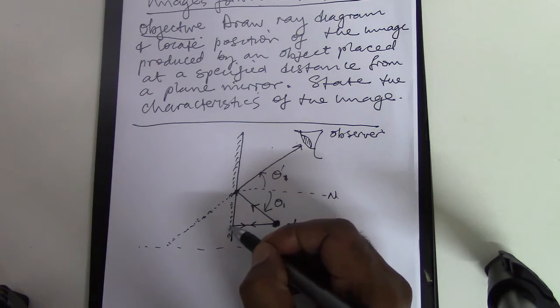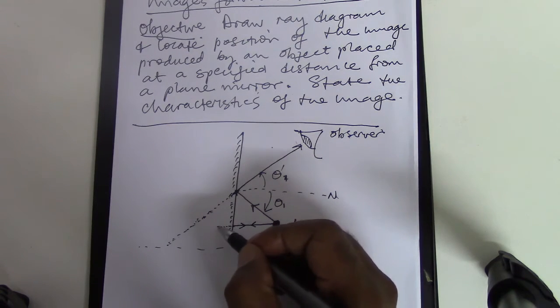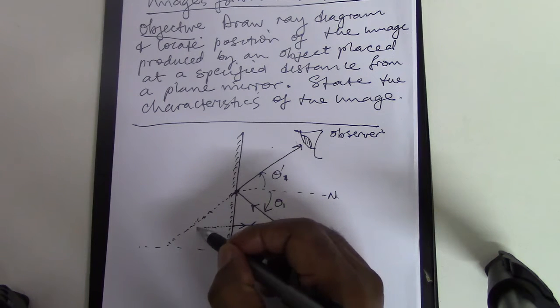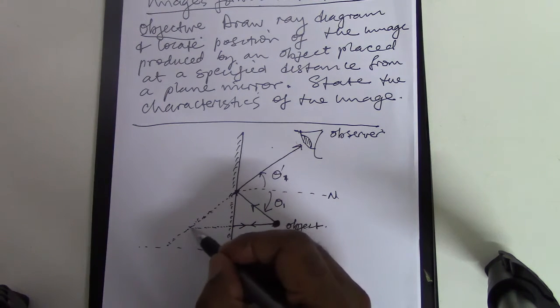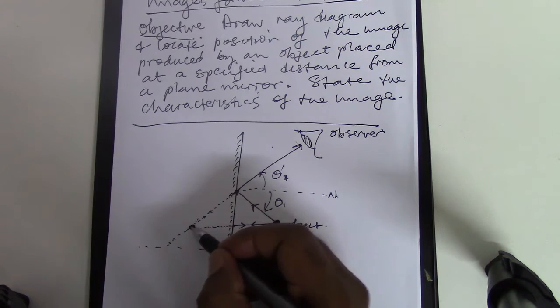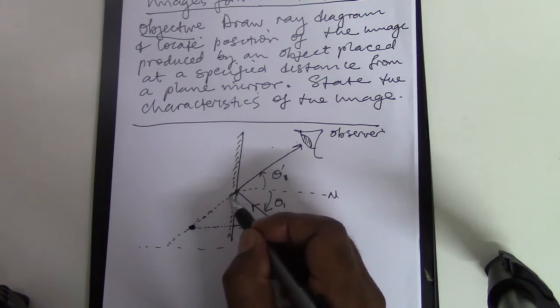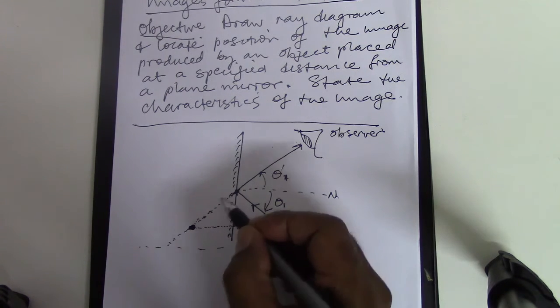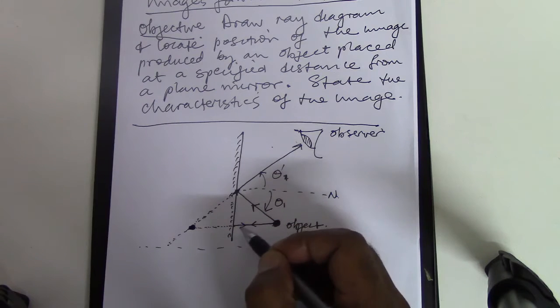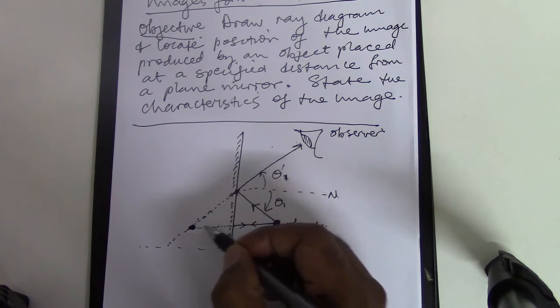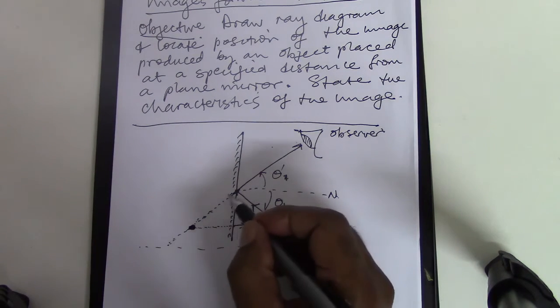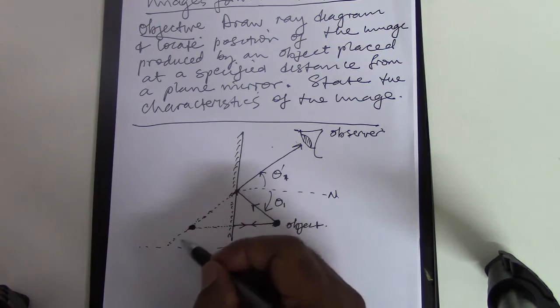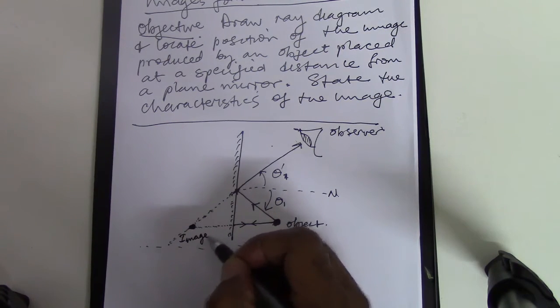But if we project backwards, where the two projected rays meet, extending them behind the mirror, this is where the image is formed.